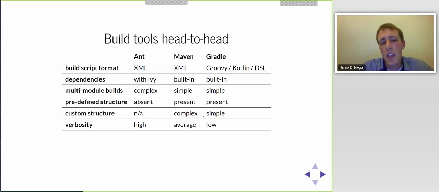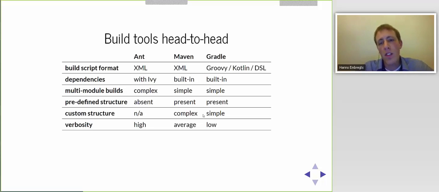Well, verbosity. I think I talked about this a few times. With Ant, verbosity is very high, because you need a very large amount of code to make sure that something works. With Gradle, it's quite low, because it assumes all kinds of defaults. It wants to run with the most default settings, and only the ones that you specify will be overridden. So with a fairly empty build script, you can still run a good Java build.